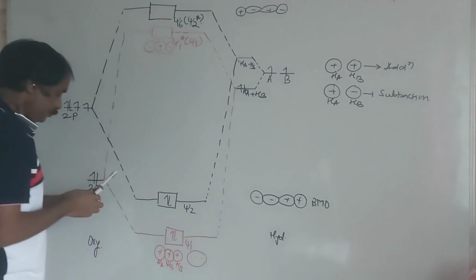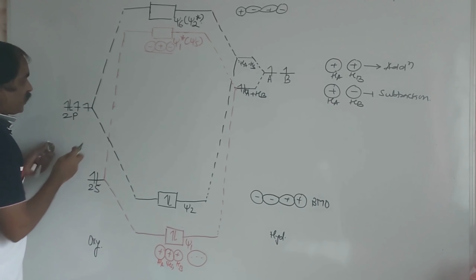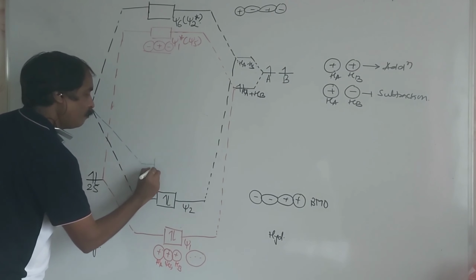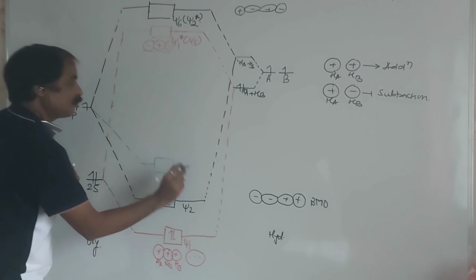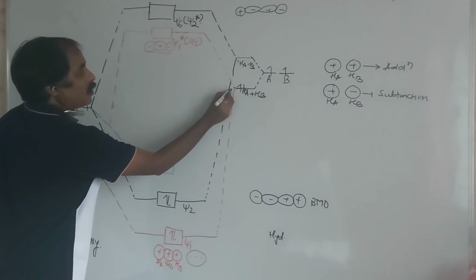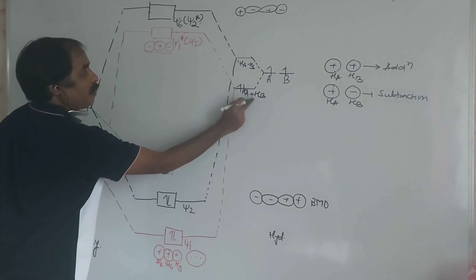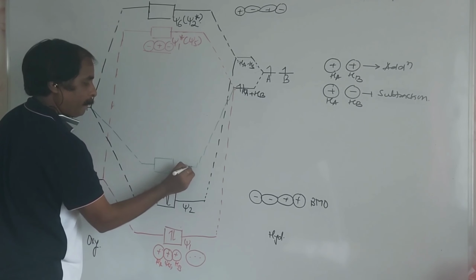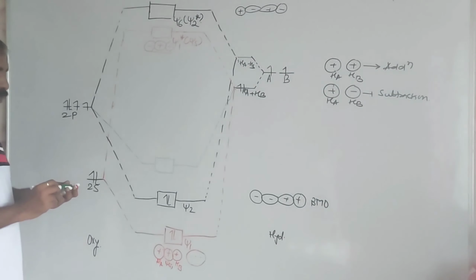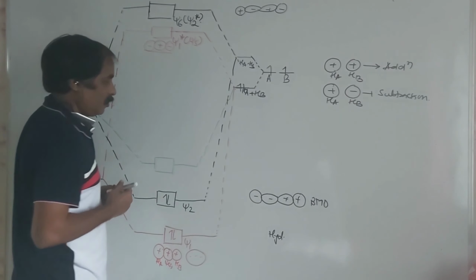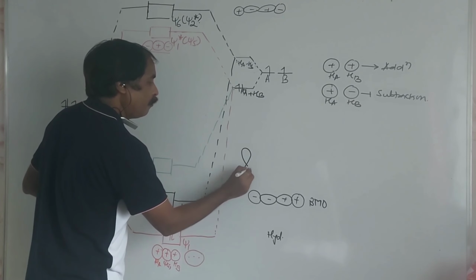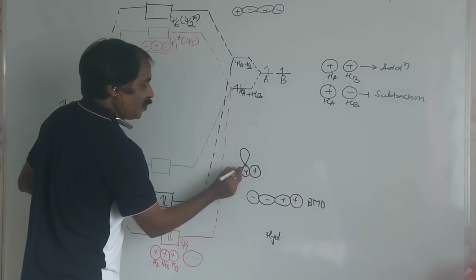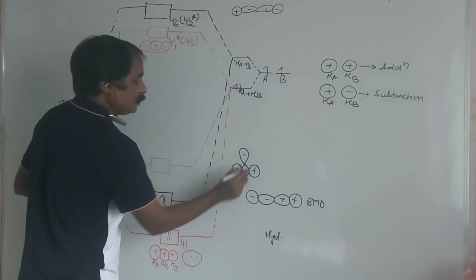Now next, pz of oxygen and the group atomic orbitals Ha plus Hb having the same sign. It is like this. So here, what is the diagram? Here it is pz of oxygen, the positive wave function of one hydrogen and the positive wave function of another hydrogen.